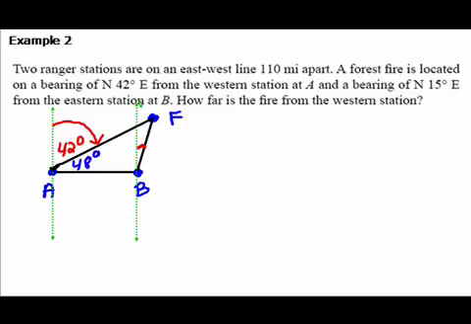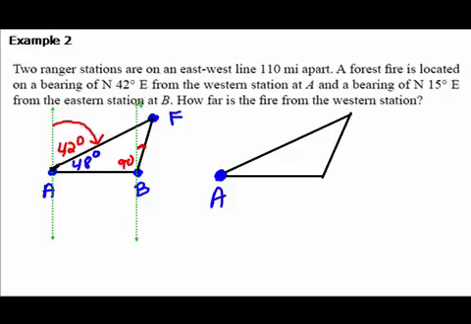This angle is 90. Putting those two together, you get 115. Sorry, 105: 90 plus 15 is 105, thank you.